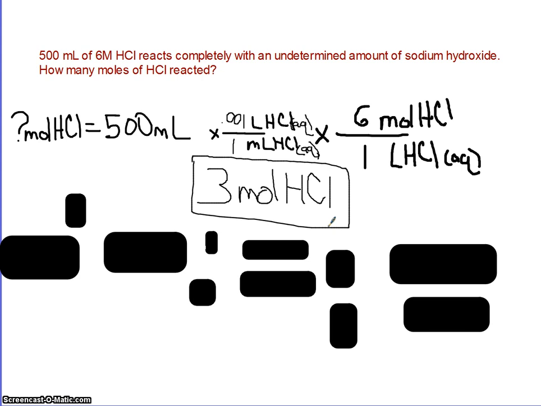Does your answer make sense? Well, we know if I have 6 molar HCl, that means there are 6 moles in 1 liter. I know 500 milliliters is half a liter, so it does make sense that I would have half of 6 as my answer. However, it's important you always show dimensional analysis. That way I can follow your thought process.